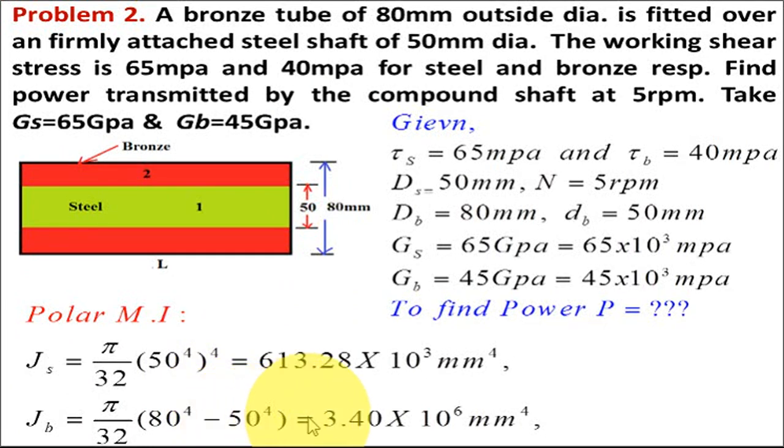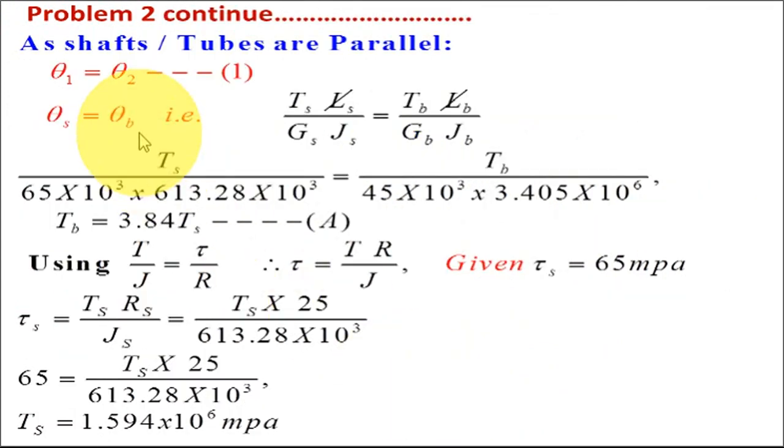So 80 raised to 4 minus 50 raised to 4, you will get the polar moment of inertia for bronze. So in our case, we have to calculate the value of T. Using the formula T by J is equal to tau by R, because in the equation tau values are given for steel and bronze in both the cases. So first of all, use that equation.